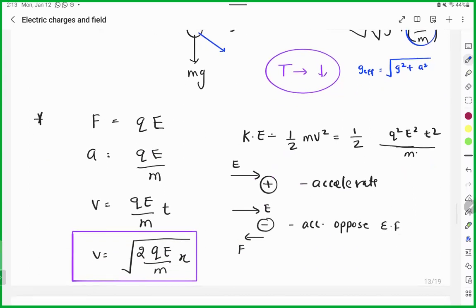Okay. Next, you know force is equal to this. Force is also equal to M into A. M will go to the other side, giving QE by M. And because this acceleration is also equal to dv by dt, or you can say velocity by time, time will go to the other side, and that's why this.